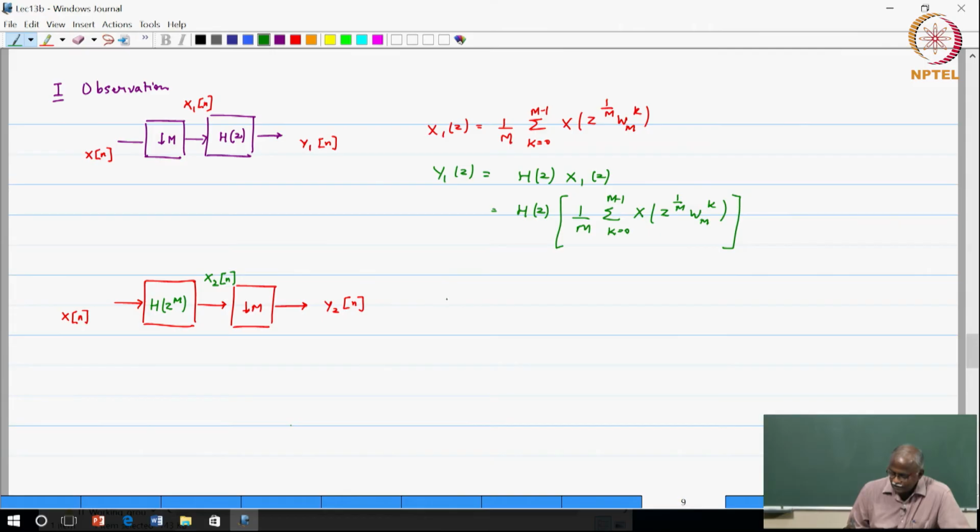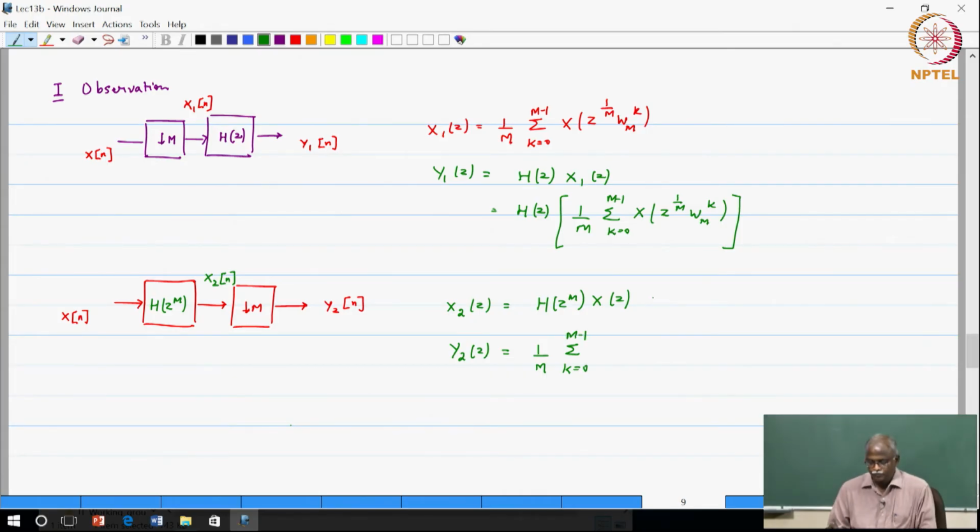The first step says I have X2(z), that is H(z^M) times X(z). Y2(z) is a downsampler: 1/M summation k equal to 0 to M minus 1 of X2(z^(1/M) W_M^k). Right.